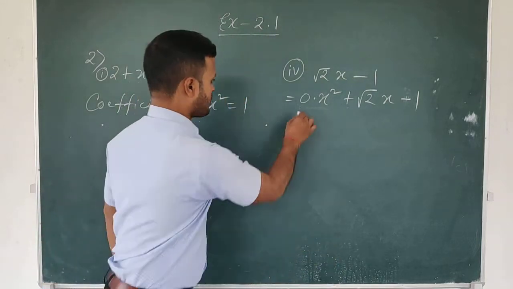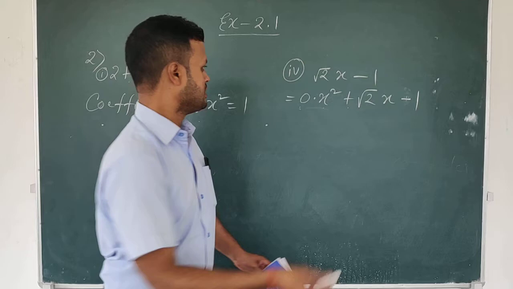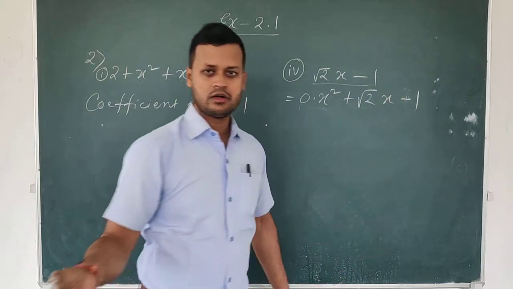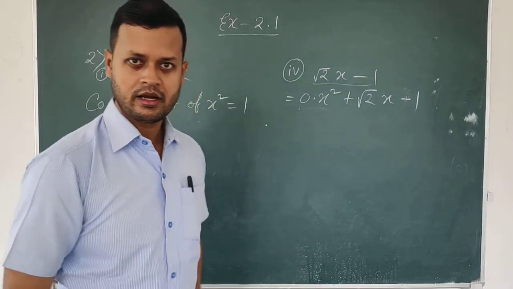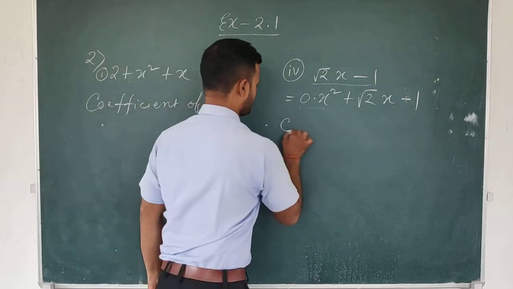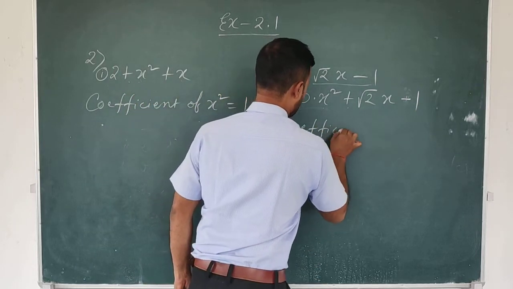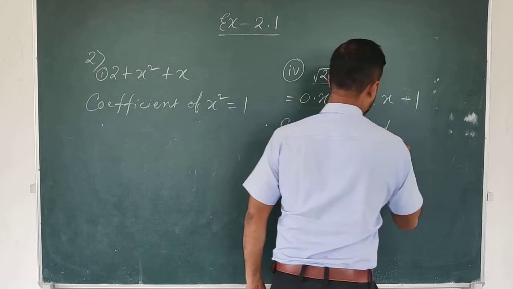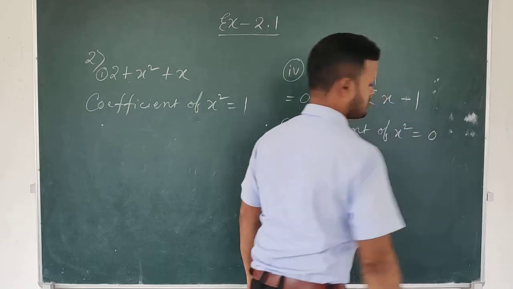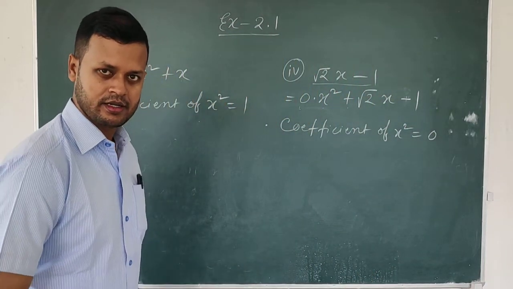Understood? So with this polynomial if I add 0, the answer will be the same. So therefore the coefficient of x square is equal to 0. Did you understand? Is it okay?